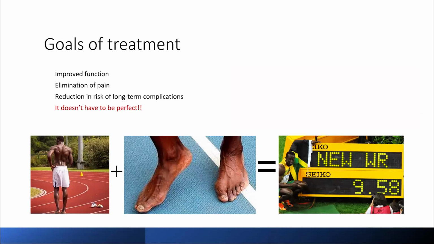But I think it's important to add that one of the considerations should be the realization that it doesn't have to be perfect. With scoliosis and hallux valgus, you can still be the fastest man in the world, essentially.